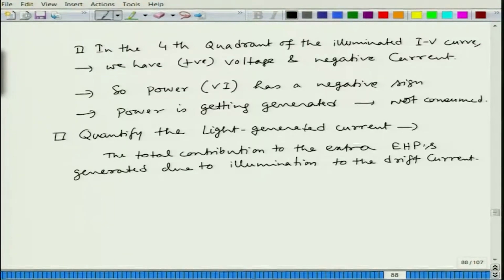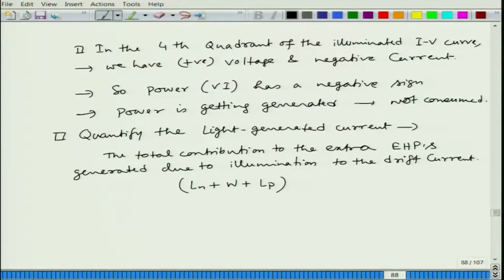So, the whole generation happening in the area Ln plus W plus Lp is the whole area that is getting used for generation of drift current.